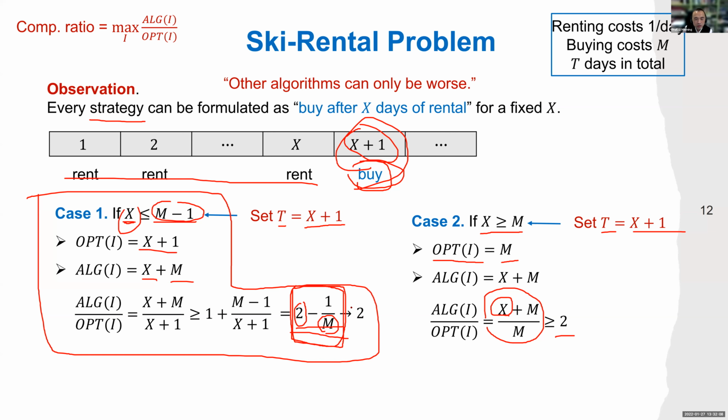Now Jiang asked a question. We consider worst case, but another thing is we are talking about no algorithm can do better than 2 approximation. Now, the algorithm is buy after X days of rental. So sometimes you have algorithm saying buy after, say, 3 days of rental, and then this could be better than 2 approximation.